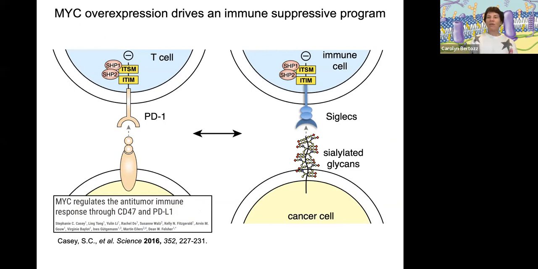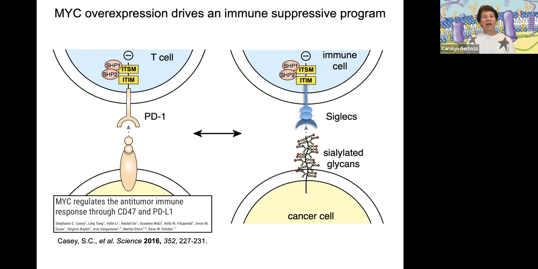What was not known until Dean's work was that MYC can also drive an immune suppressive transcriptional program. So he found that in certain types of leukemia, MYC can drive the expression of PD-L1, that ligand for PD-1, and that allows suppression of the T cell through checkpoint receptor engagement, as well as the expression of another so-called don't eat me signal called CD47, which interacts with an immune suppressive receptor on macrophages.